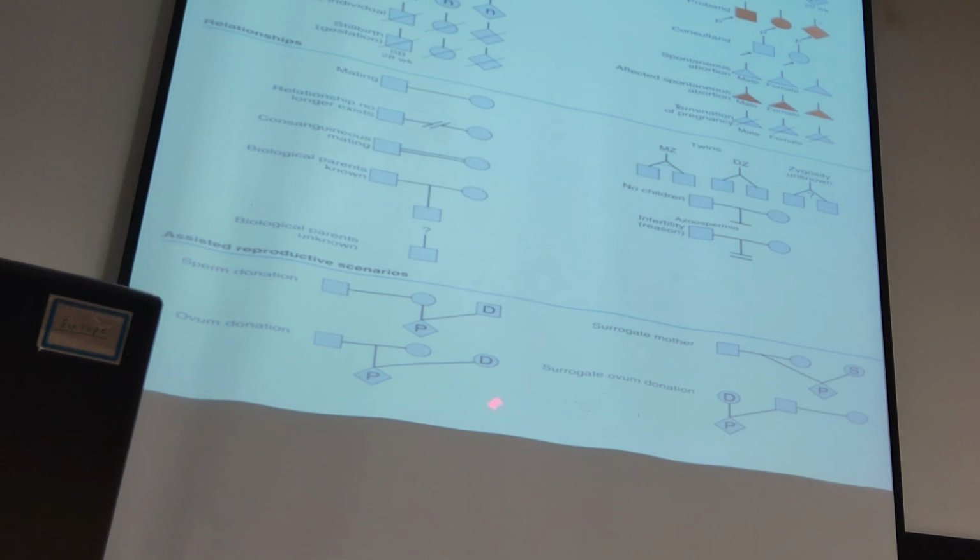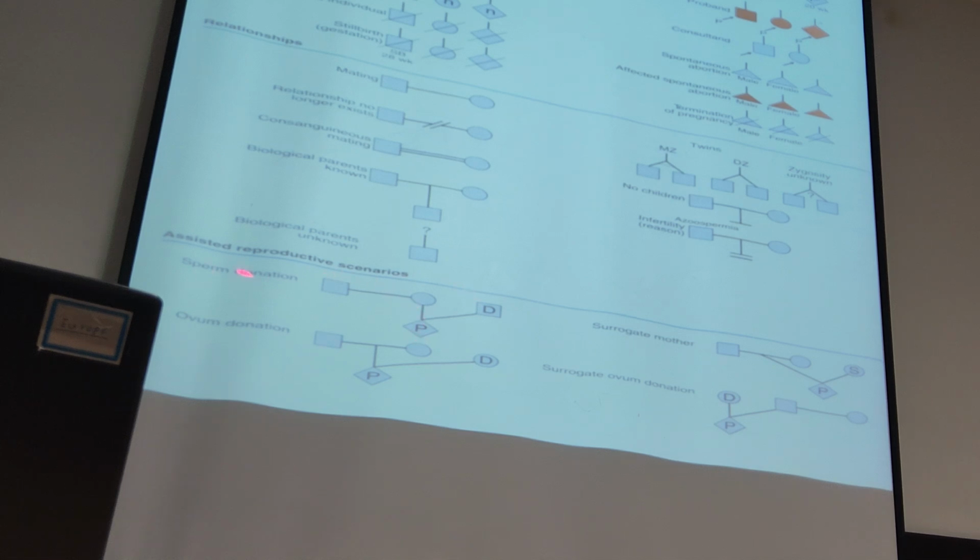If there is assisted reproduction, such as sperm donation: this male has a problem with sperm and cannot have a child, so they use sperm donation from another male, egg from the female, and the pregnancy happens because of this sperm donation.